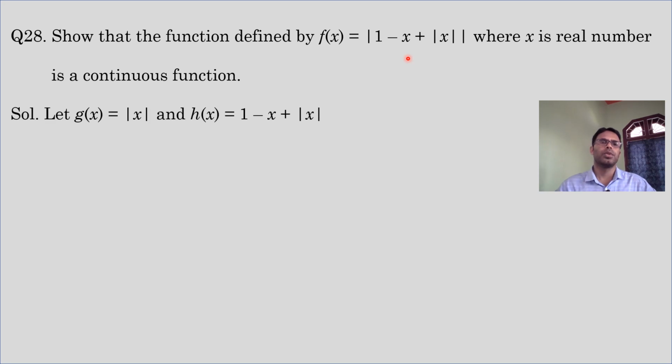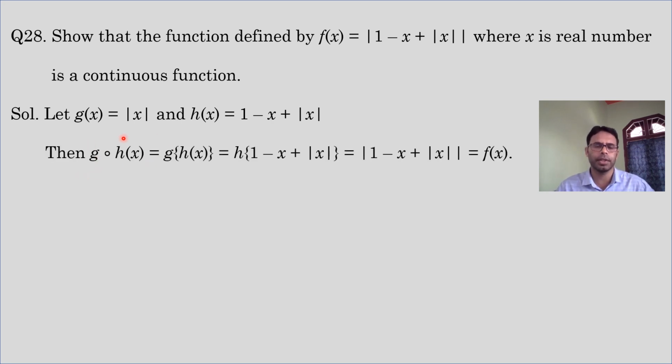Okay, so again there are two functions. This is the outer modulus function: f(x) is equal to the mod of this total part, considering this total part as x. So the g function is mod x and the h function is this inner part. So these are the two functions. You can solve like this. First of all you should show that g∘h is equal to f(x).